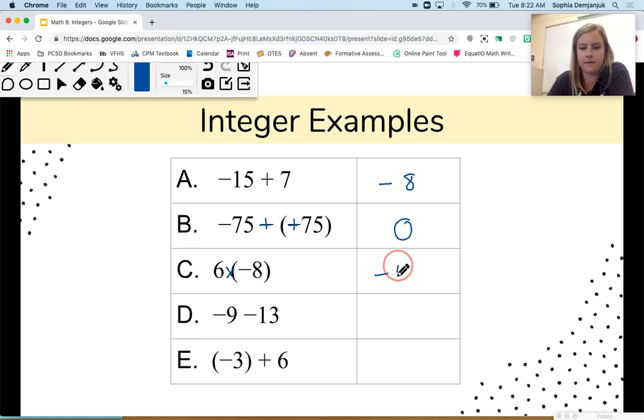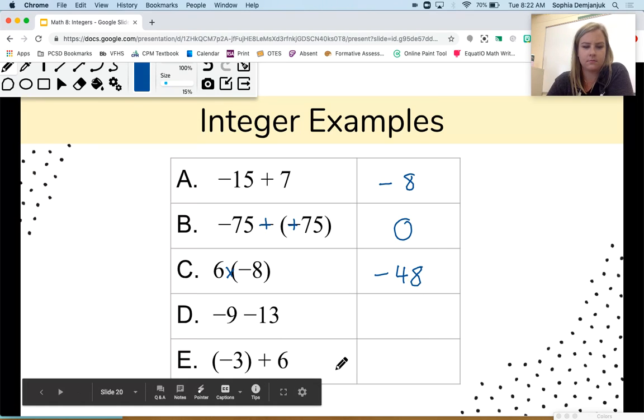There's only one negative, so it stays negative. 48. D, they're both negative, so my final answer stays negative, and I add my two numbers together. 9 plus 13 gives me 22. My final answer, 6 is bigger, so my answer stays positive. 6 minus 3 gives me 3.